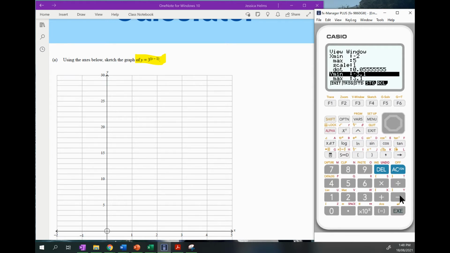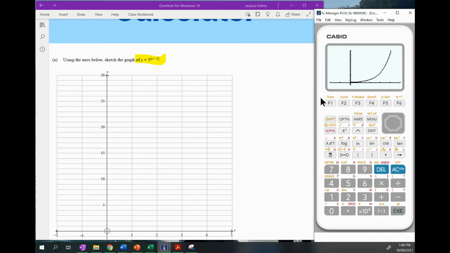Our minimum for y looks like it's around about -2 or something, and our maximum looks like it's up about 30. Or if you didn't like what's in there and you just want to take it back to standard view, F1 here where it says init will take it back to the initial view. Okay, so let's exit out of there, press draw again.